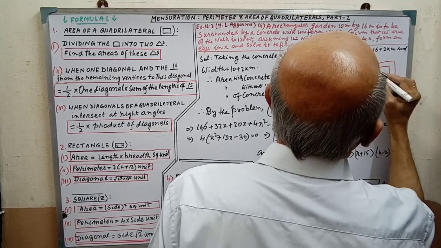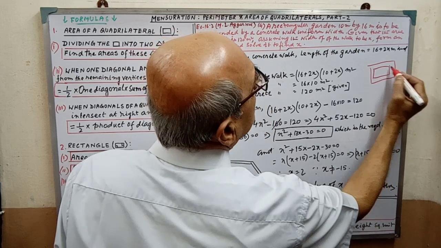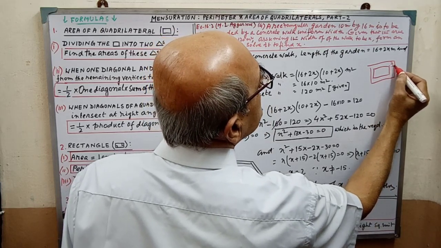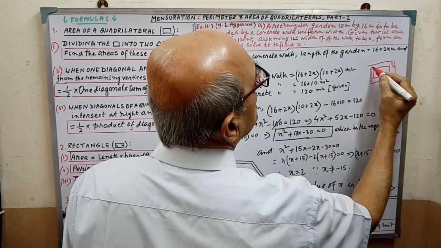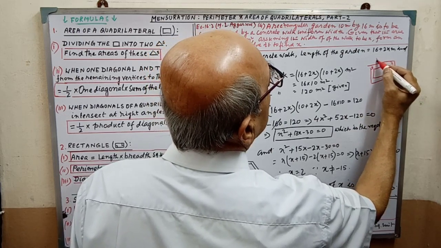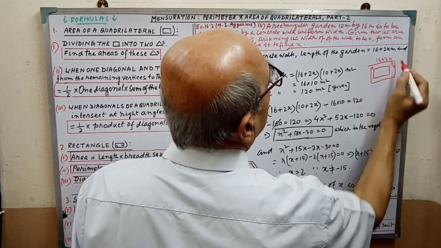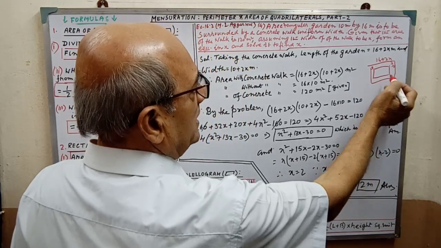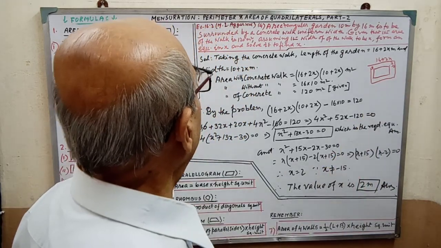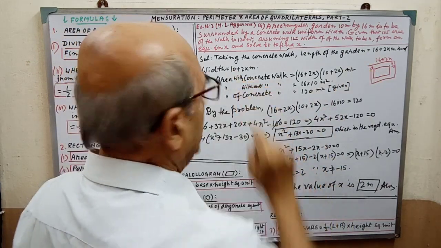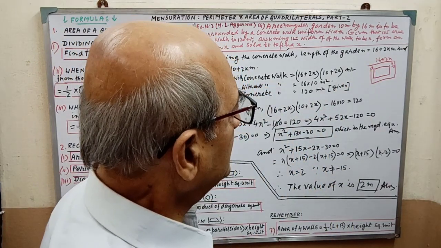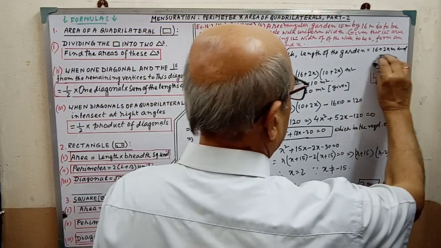The surrounding path is given. Here x meter is increasing. In this side also x meter is increasing. X plus x. This is why 16 plus 2x. Similarly, the width also will be 10 plus 2x. I think it is clear.